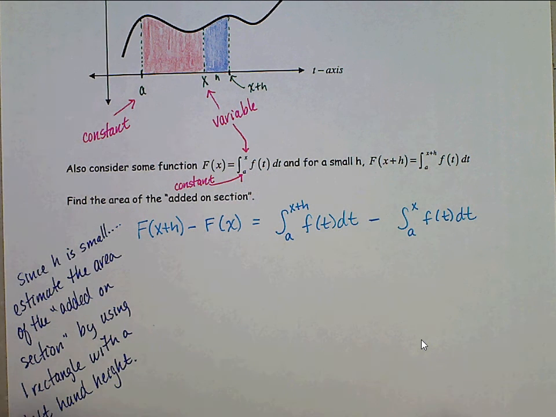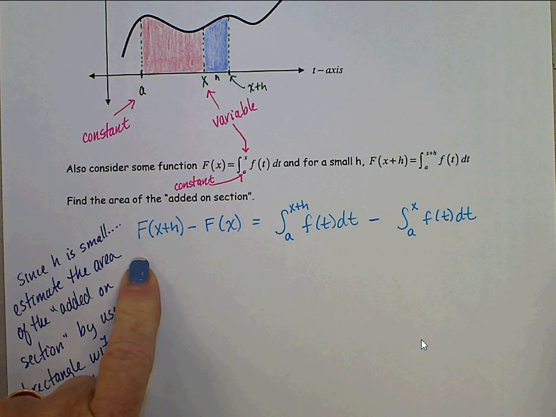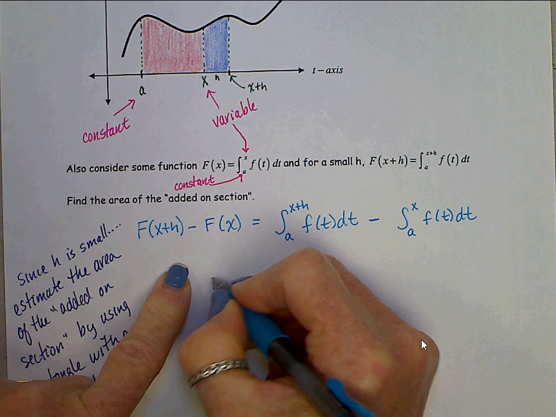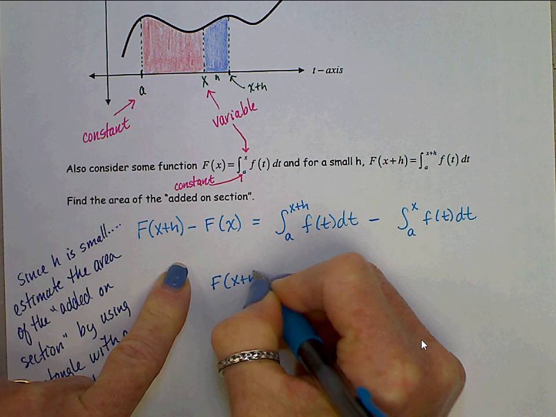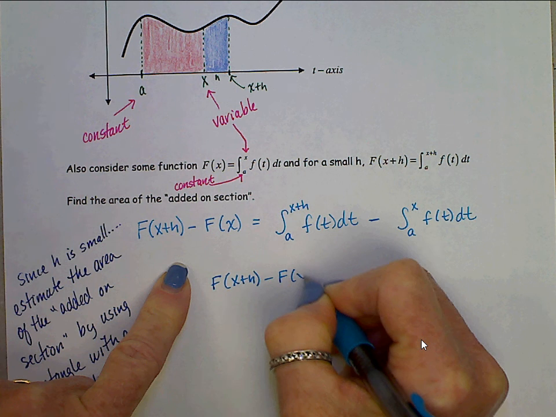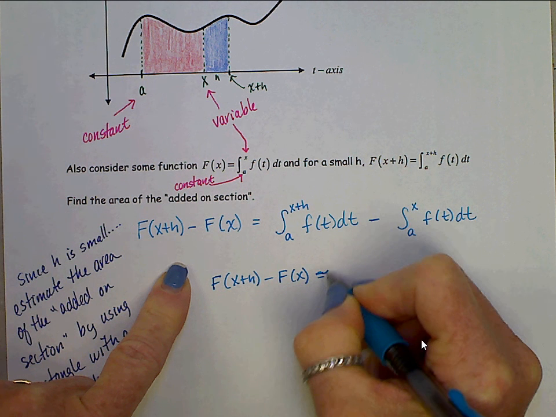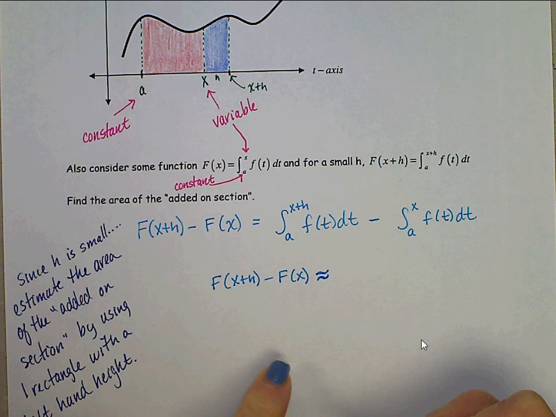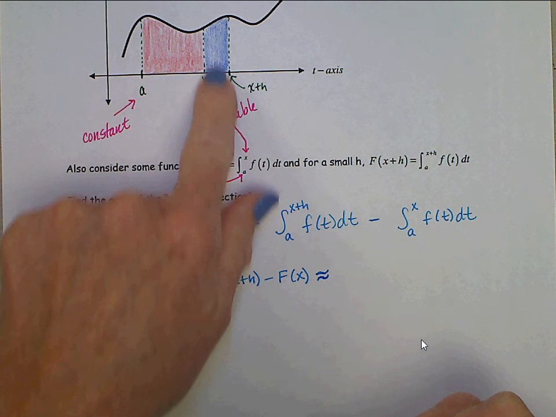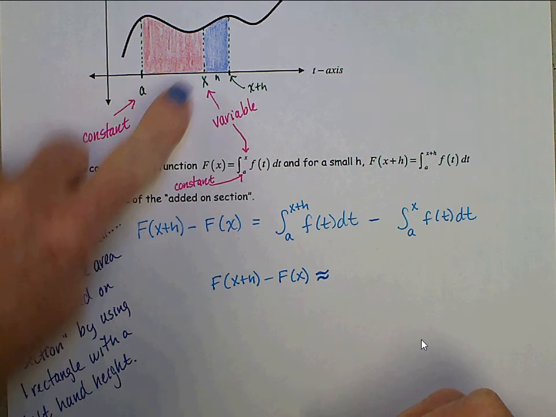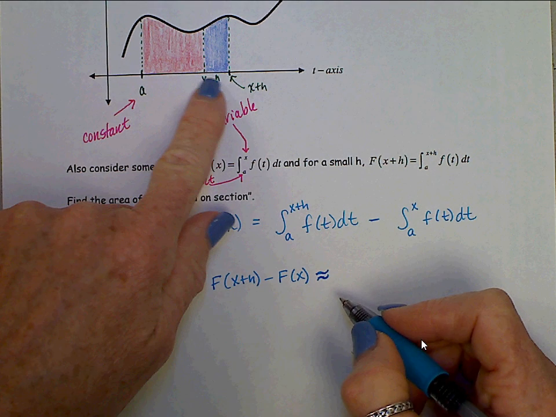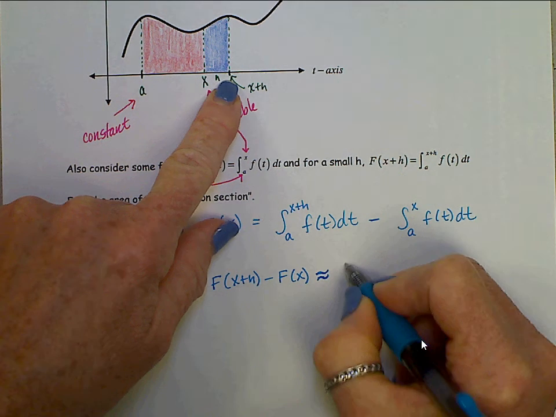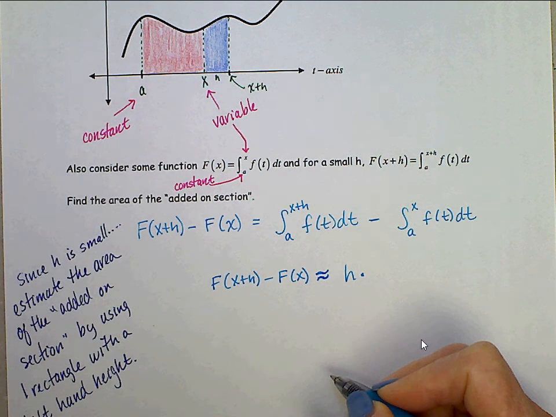All right, so that means then we are going to have this. Big F of x plus h minus big F of x is, oh, it's not equal to anymore, it's approximately equal to, because we're estimating the area of that rectangle. And the area of that rectangle is its width h times its height.